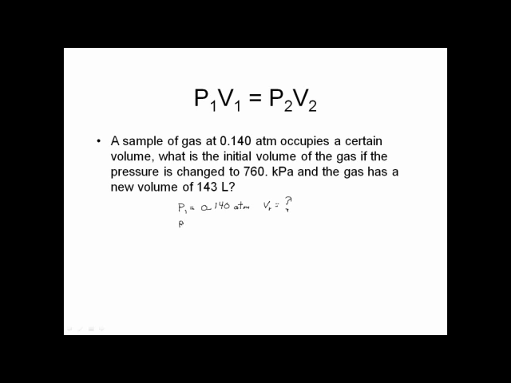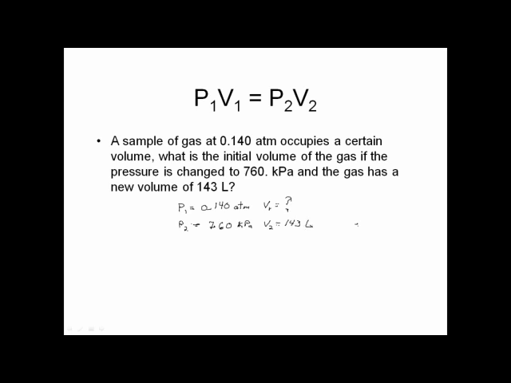For our P2, we keep reading the question: the pressure is changed to 760 kilopascals, and our new volume is 143 liters.